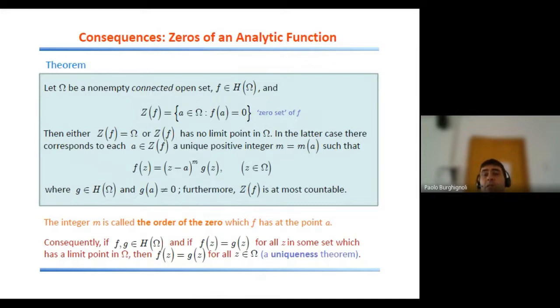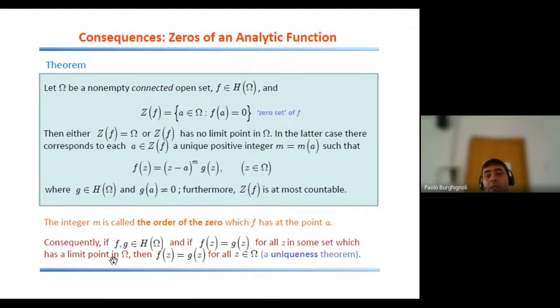and as a consequence of this property, you have these interesting uniqueness theorems. If you know that two functions f and g are analytic in omega, and those two functions are equal for all z in some set which has a limit point in omega, then this means that their difference is 0 in this set.